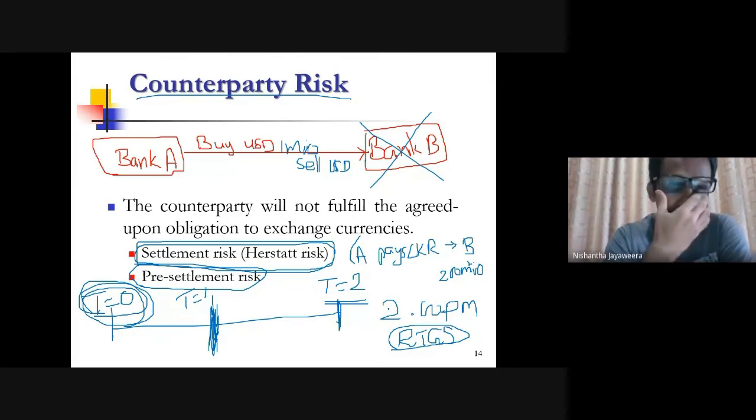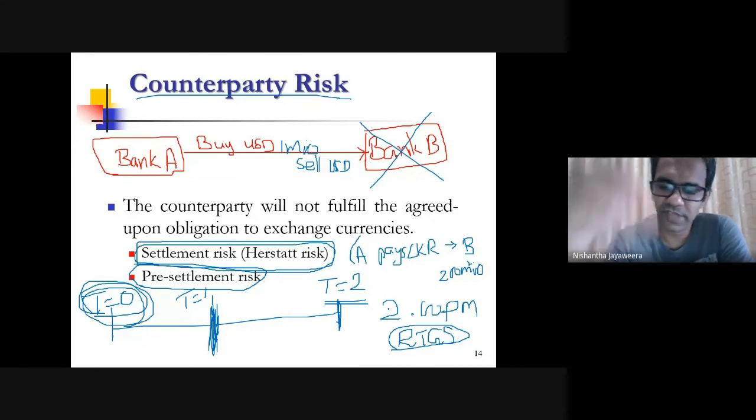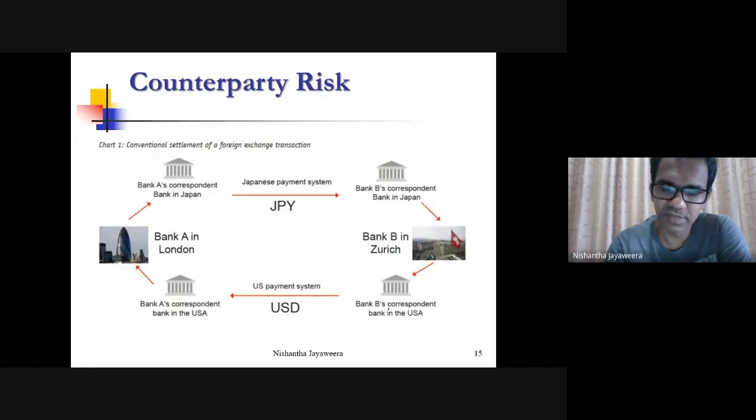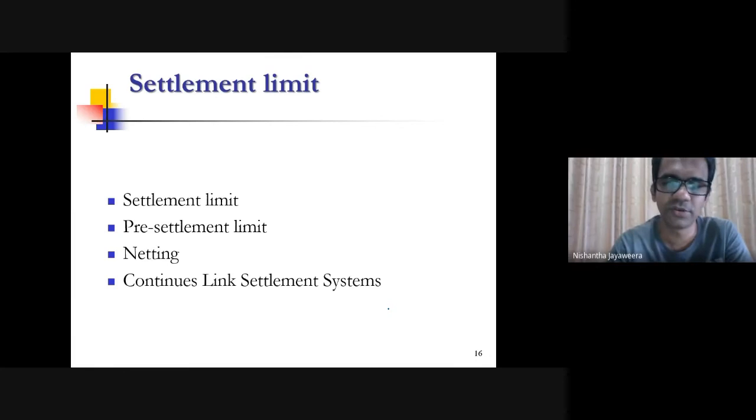So when you select your counterparties with whom you are going to trade, you have to think about the credit quality of the other party. For that, banks place a settlement limit and a pre-settlement limit, or you do netting instead of settling the whole amount.